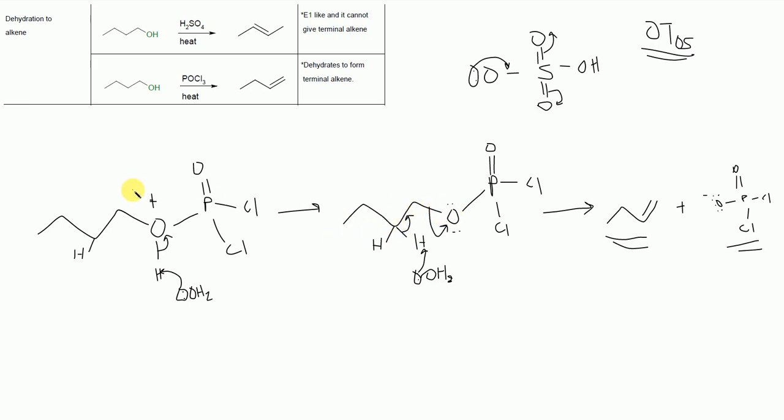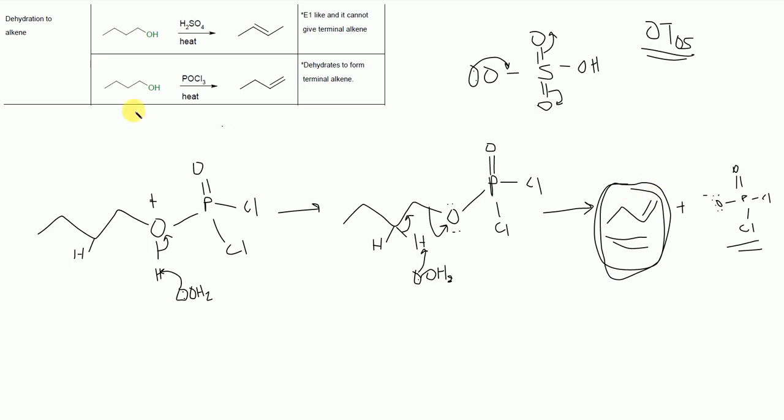Whereas before, with H2SO4 and heat, I had to do carbocation rearrangement, the hydride shift or methyl shift, and other things that you see in mechanisms to help form the more stable carbocation, and then I could have the double bond formation. But here, I don't have to worry about that because I have this very good leaving group that lets me form it in that location. And essentially this allows us to form the least substituted double bond.